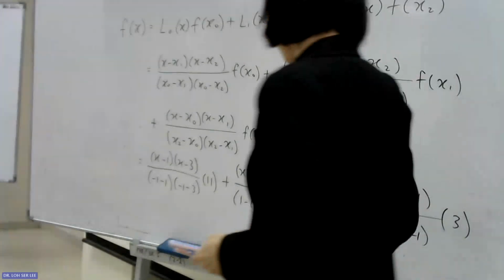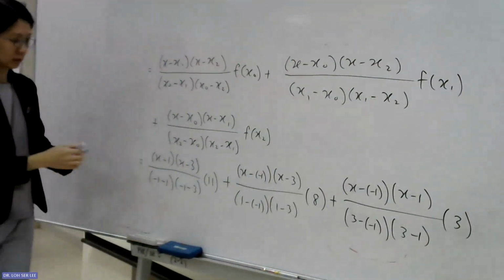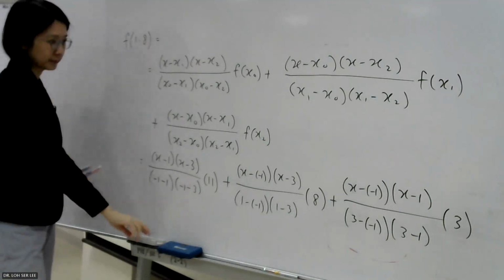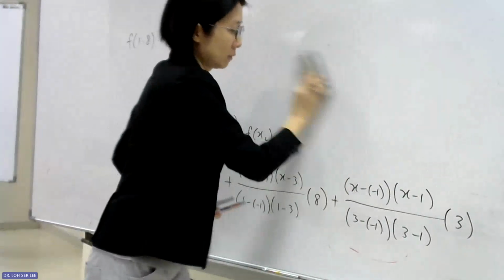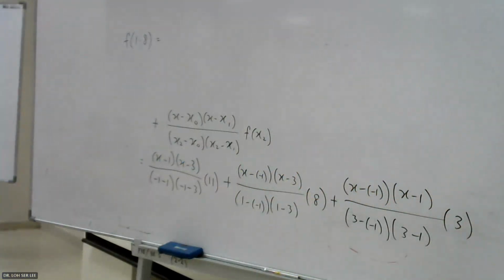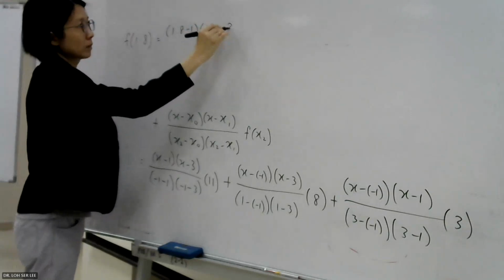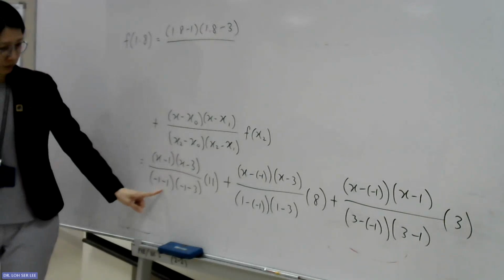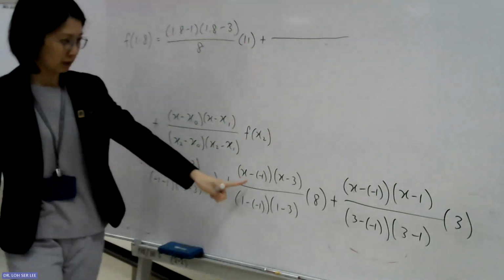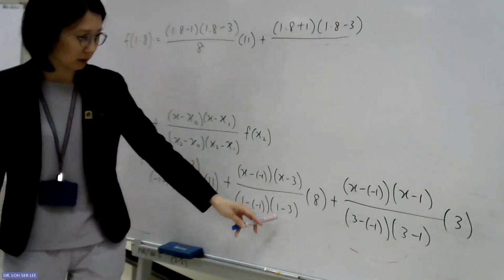And lastly, we want to find f(1.8). f(1.8) means all x we substitute by 1.8. -2 times -4, 8. 1.8 plus 1 and minus 3. 2 times -2.